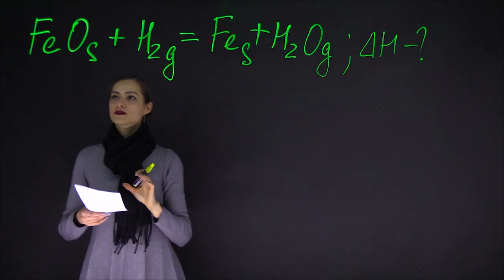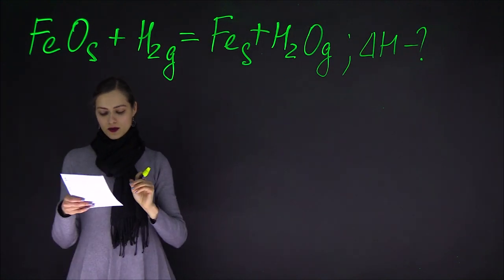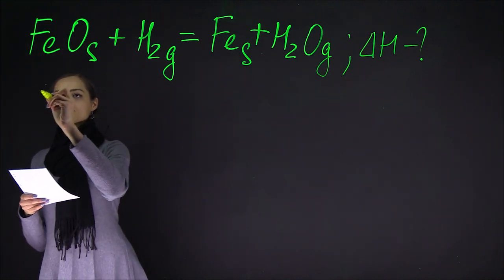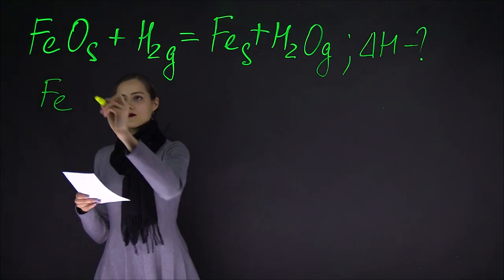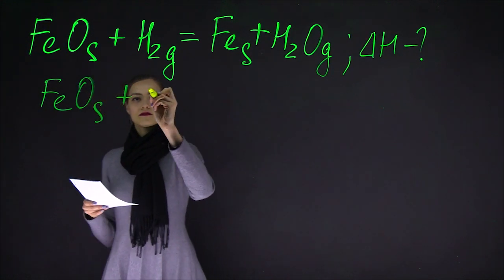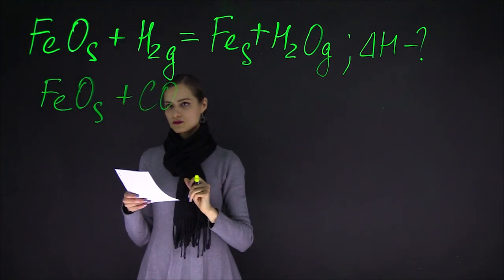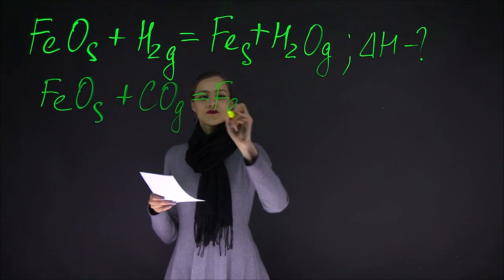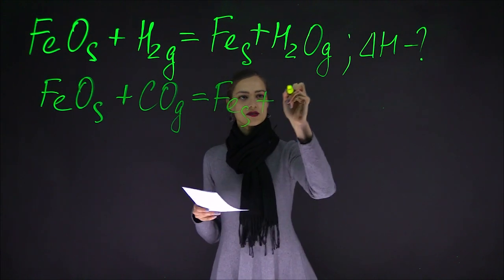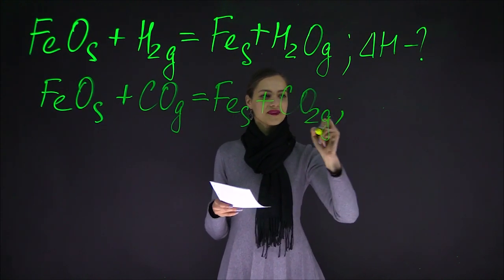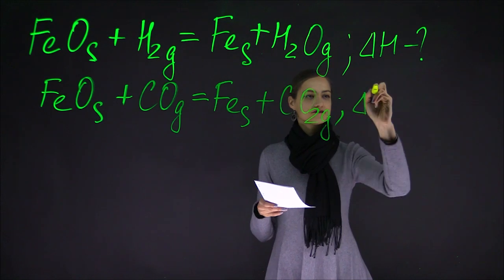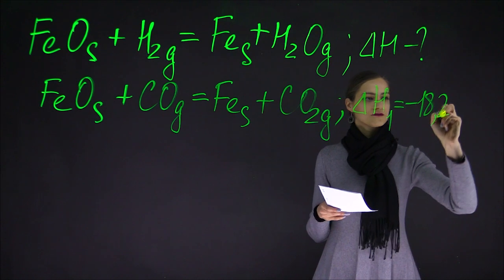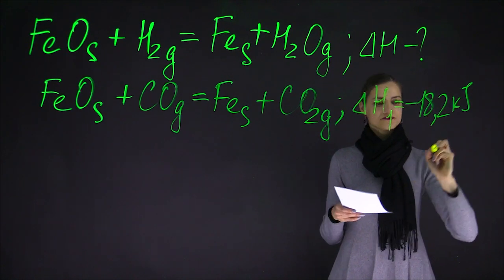But what is given exactly in this task? We know the heat effects for the following reactions. First reaction: iron oxide reacts with carbon monoxide, and it gives us pure iron plus CO2, and the heat effect for this reaction is minus 18.2 kilojoules.